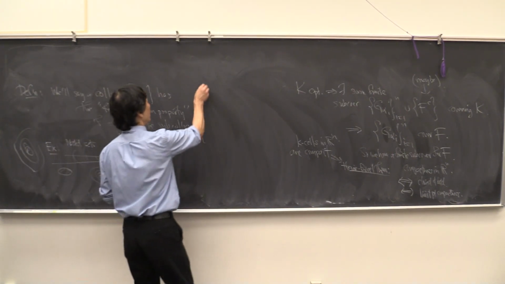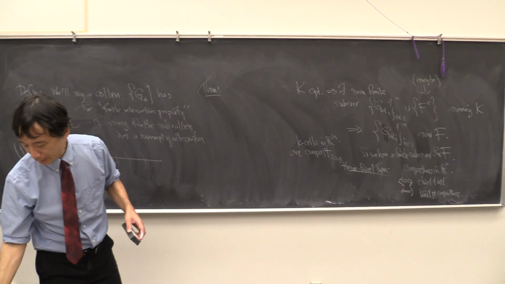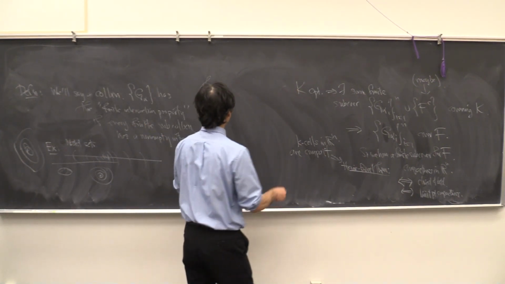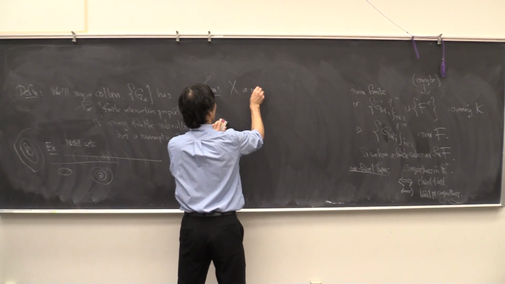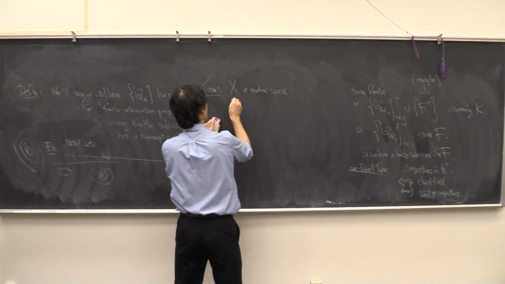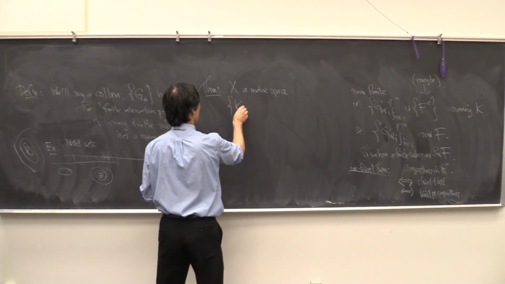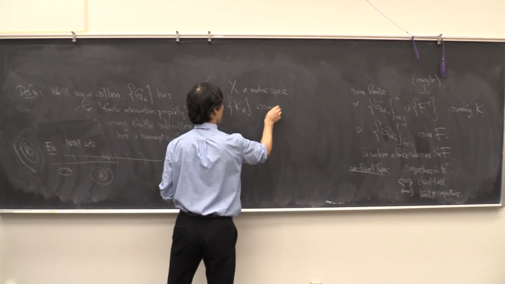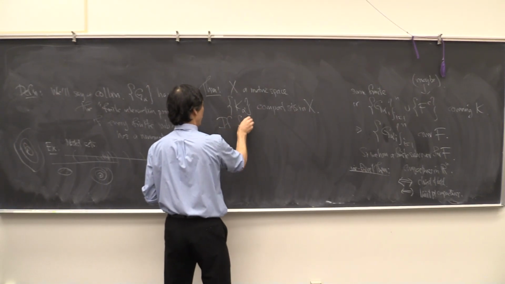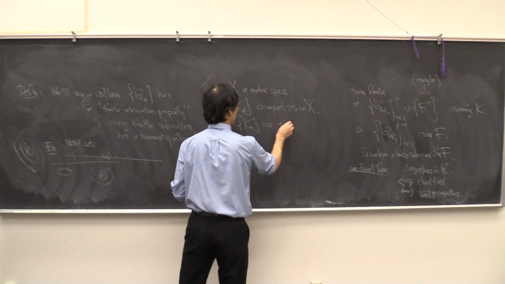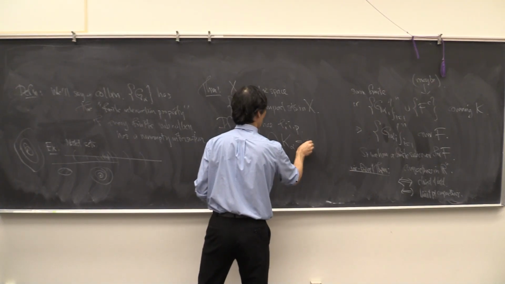So here's the theorem. If you have compact sets, so X, again, a metric space, and then you have some collection K alpha of compact sets in X. If the K alpha has the finite intersection property, then the infinite intersection is also non-empty.